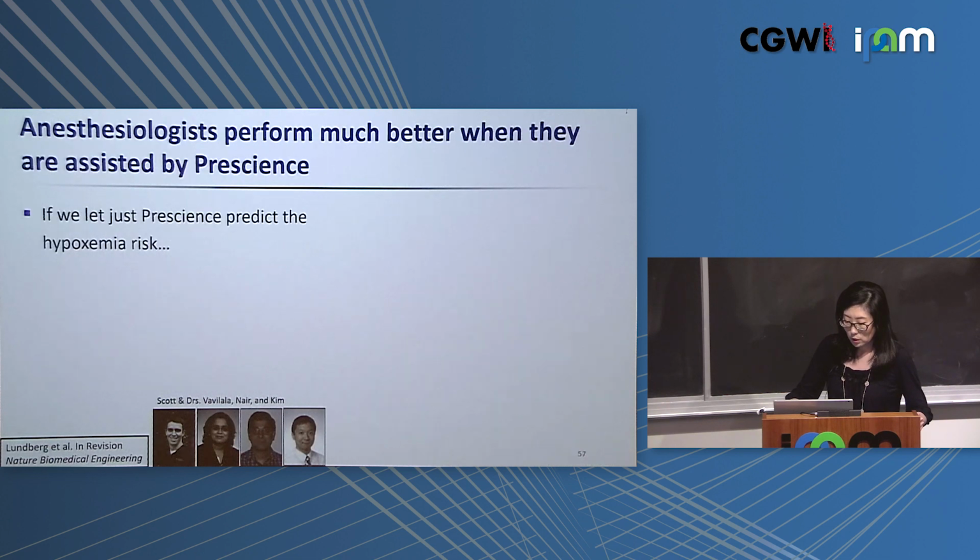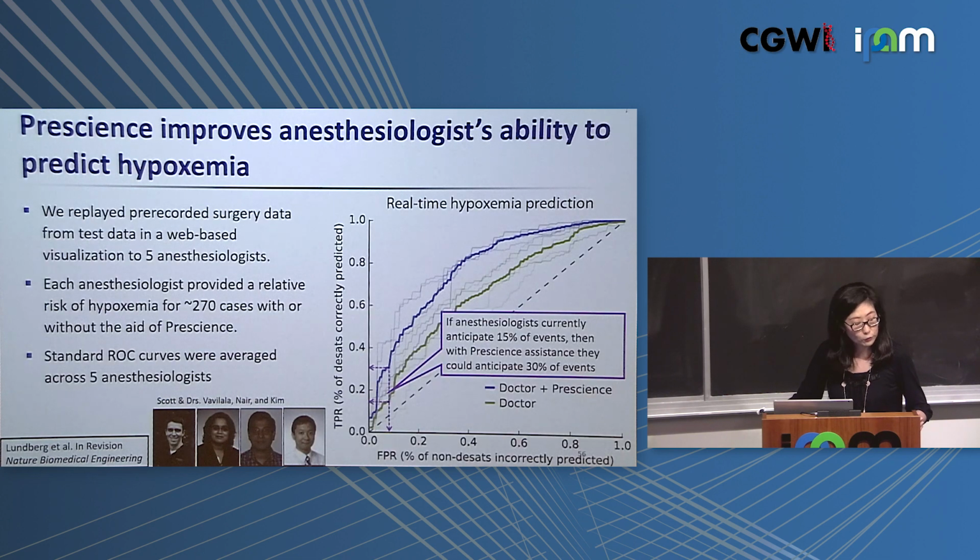Okay, so this is the 5-minute prediction? After 5 minutes, yeah. So do you look at the same case more than once, or only one? Yeah, this is a really good question, because the anesthesiologists solve the problem without and then with the Prescience aid. To avoid repeating a case, one anesthesiologist is working on both cases.